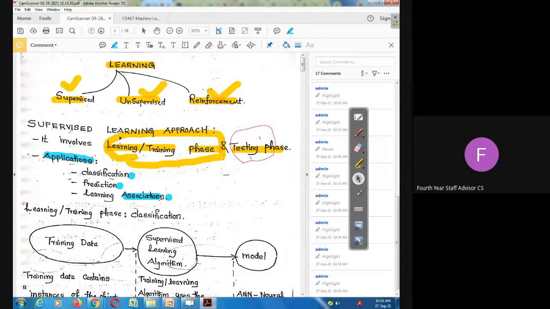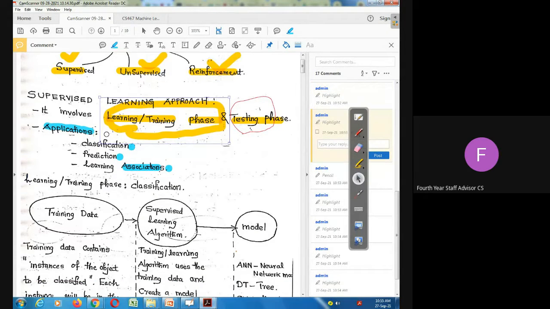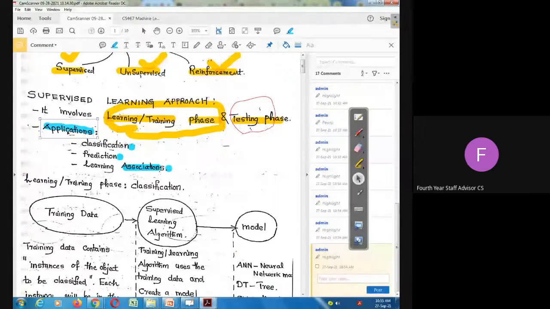It uses a learning or training method at first. That is called the learning or training phase. Then there is a testing phase. So using the supervised learning approach, we can solve classification, prediction, and learning association problems.